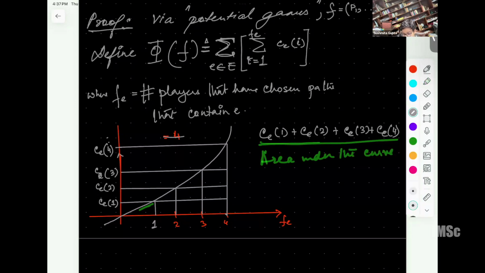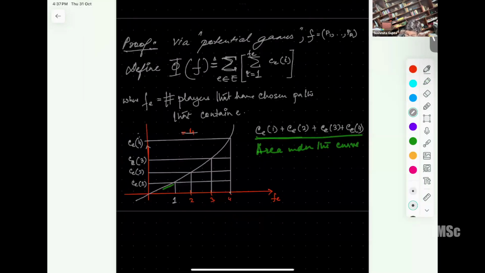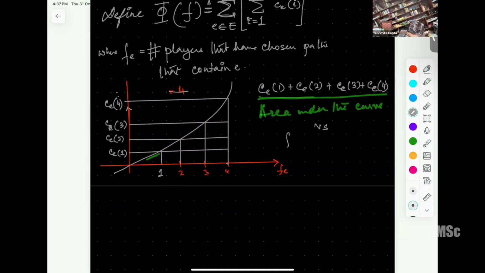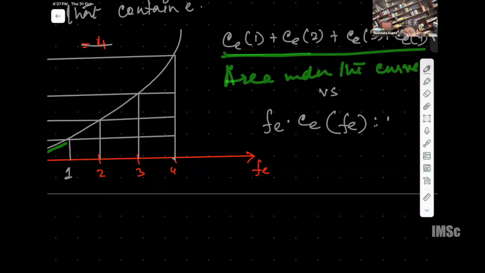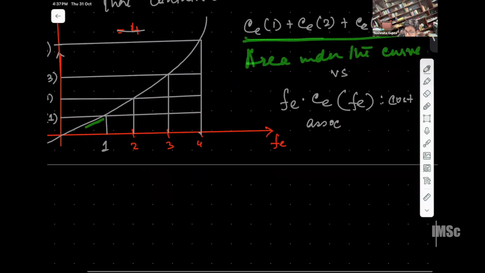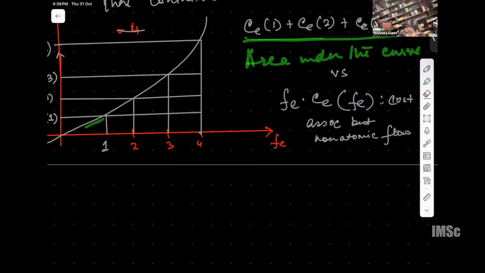Now, if I were to compare this with this quantity, Fe times Ce of Fe, which was the delay cost associated with the same network, but non-atomic flow. What would that value be?